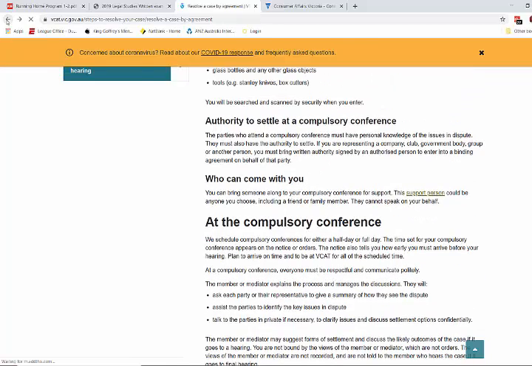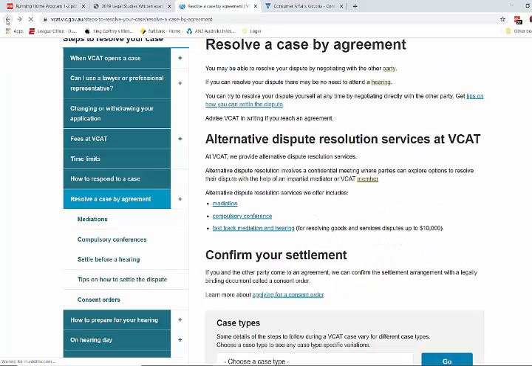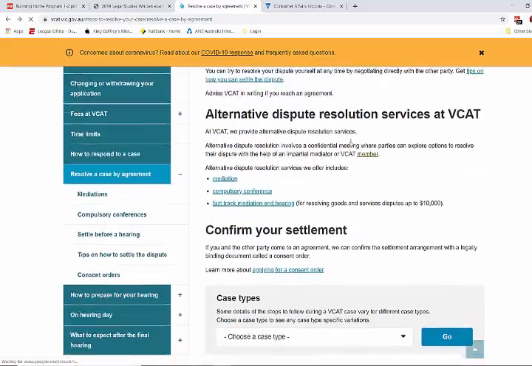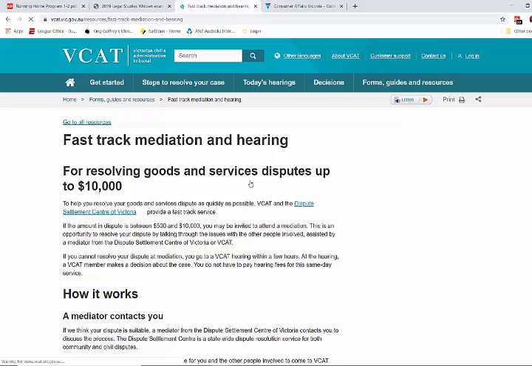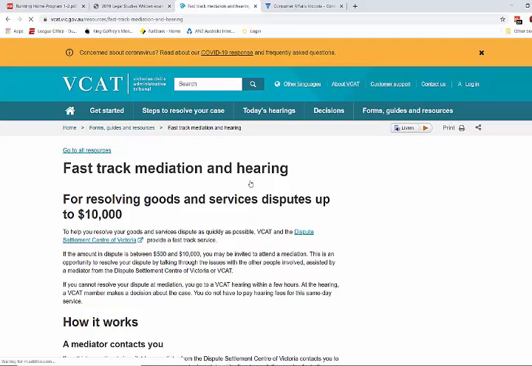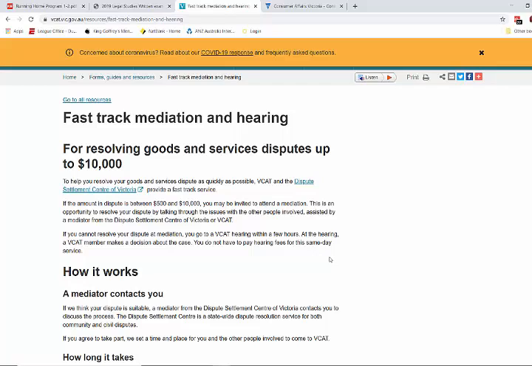Something else that's really important to know about VCAT is they also have this new or relatively new method of trying to resolve disputes. And they might send you into what they call their Fasttrack mediation and hearing. Now, this wouldn't work for Zena because hers is $300, and this is for matters of $500 to $10,000.